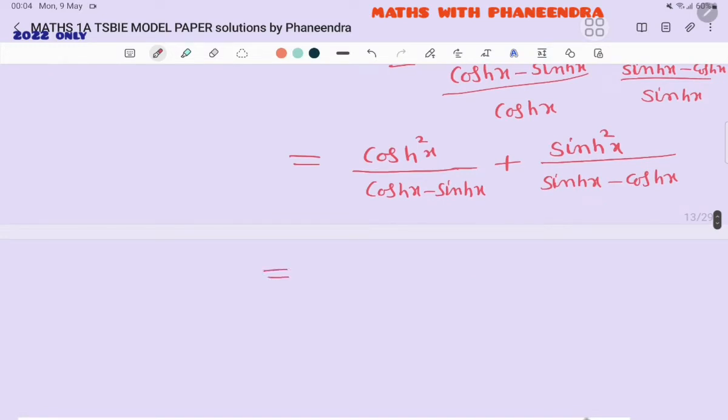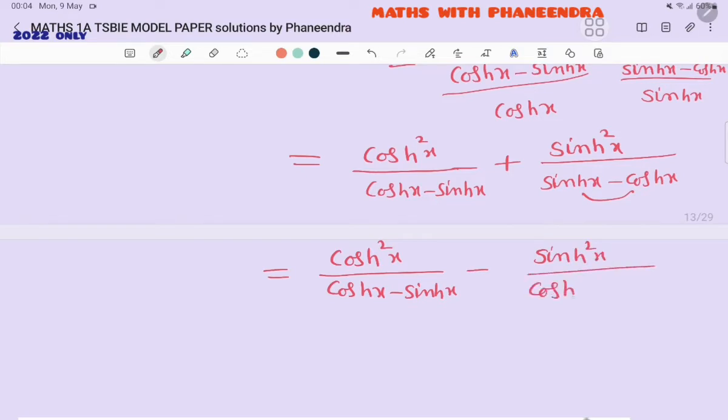So which is equal to cosh square x by cosh x minus sinh x. Here if you interchange these values, minus will come, sinh square x divided by cosh x minus sinh x.